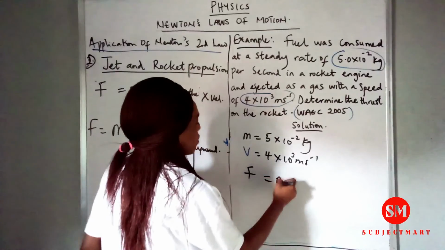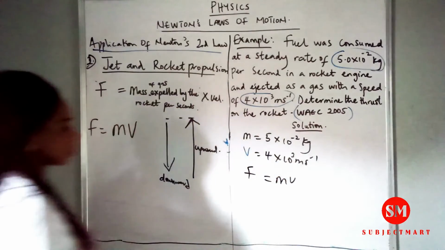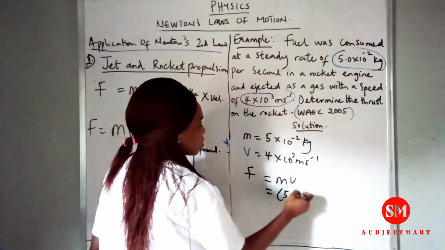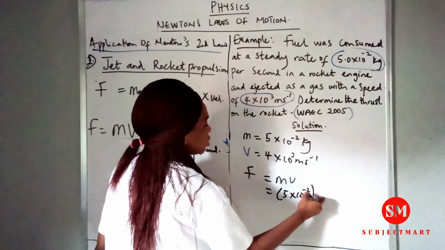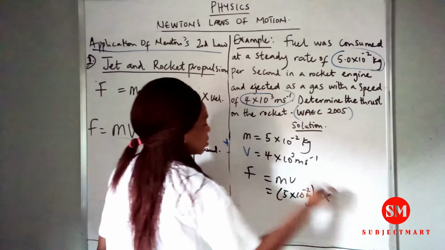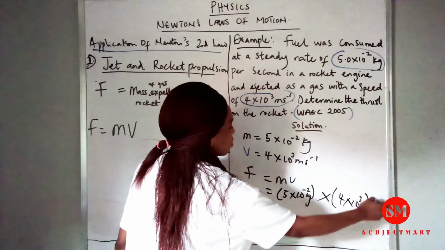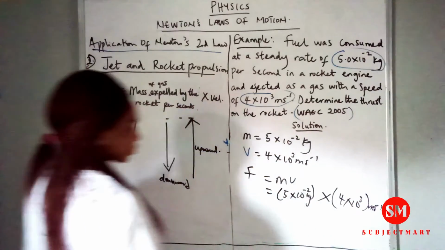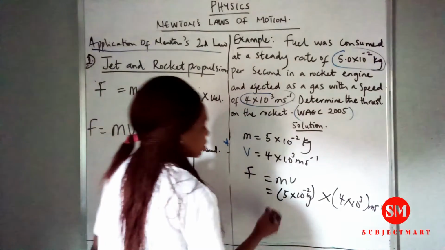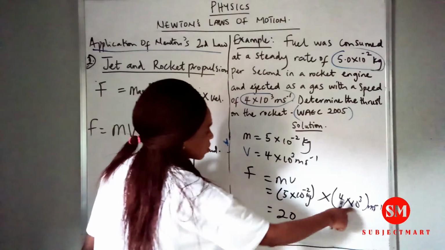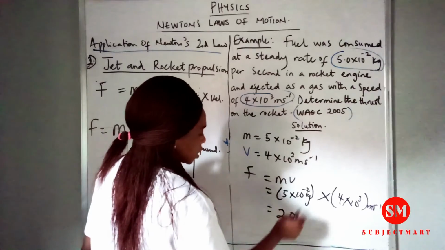So we have F equals mv from here. We have our m to be 5 times 10 raised to the power minus 2 kg times our v, which is 4 times 10 raised to the power 3 m s raised to the power minus 1. So by the time we multiply this, 4 times 5 is 20, and this times this gives us 10.